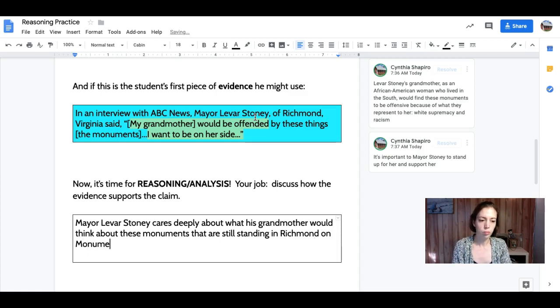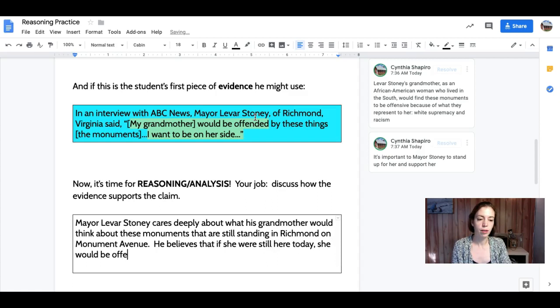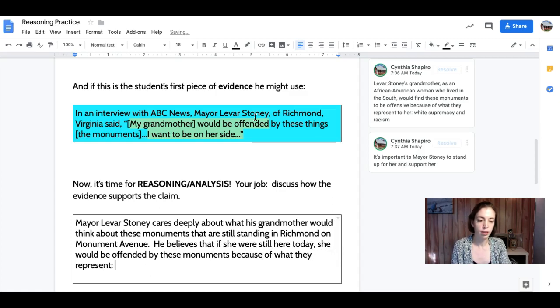On Monument Avenue. He believes that if she were still here today, she would be offended by these monuments because of what they represent, a symbol of racism and white supremacy.